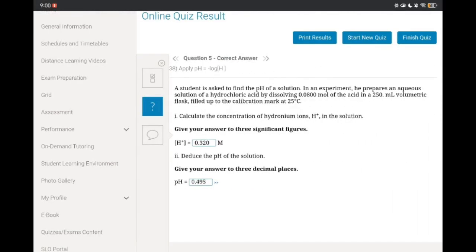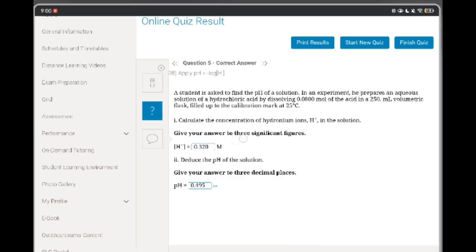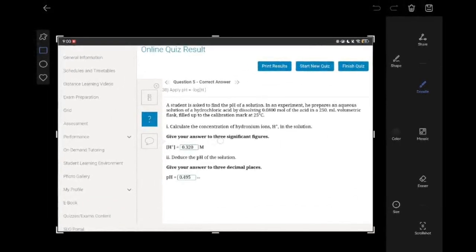A student is asked to find the pH of a solution. In an experiment, he prepares an aqueous solution of hydrochloric acid by dissolving 0.08 moles in a 250 milliliter volumetric flask. Again, this is a repeat. I solved it already in the periodic table section, but I'm just going to do it anyway. So here you have HCl.